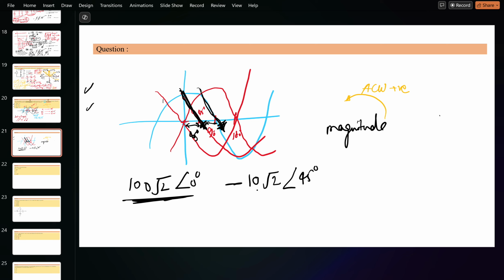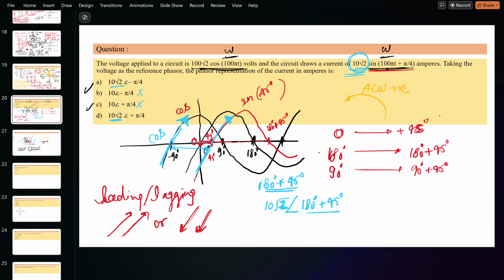So sine is actually minus, time shifted by 45 degrees, but the magnitude is coming negative. But the options have no negative. So all options are incorrect. What was the correct answer? It will be minus 10 root 2 angle pi by 4.